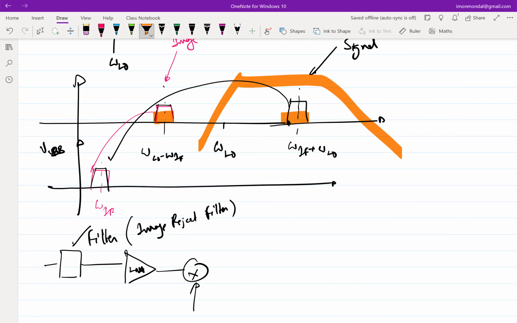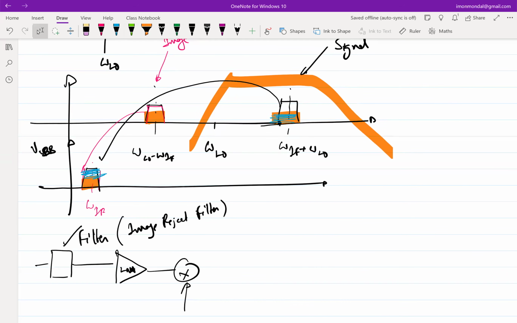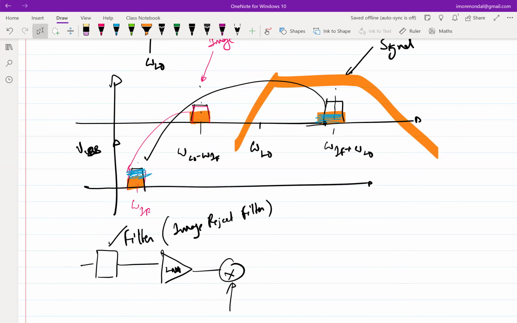And these two noises are uncorrelated, totally different frequencies or different bands, and they are going to add up in power, right?